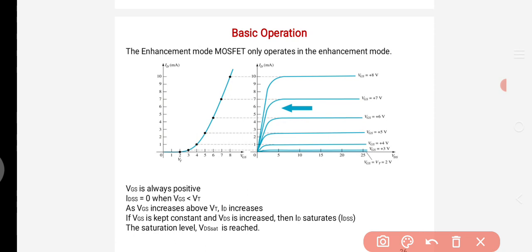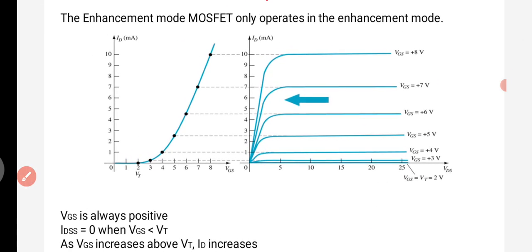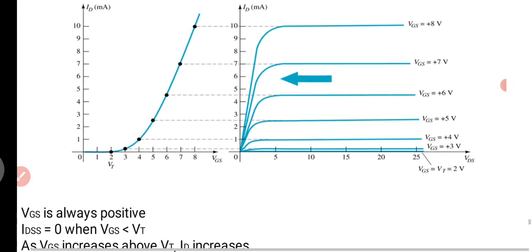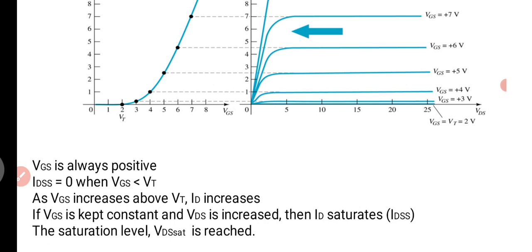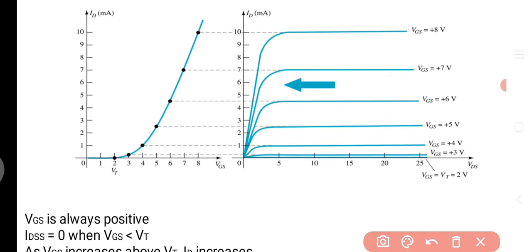When VGS is equal to 0, or when VGS is less than VT, the value of ID is equal to 0.